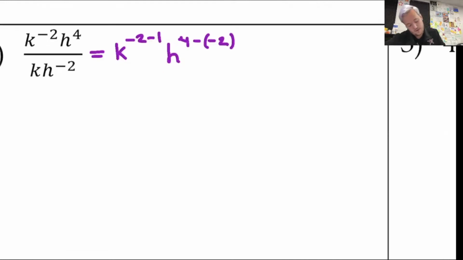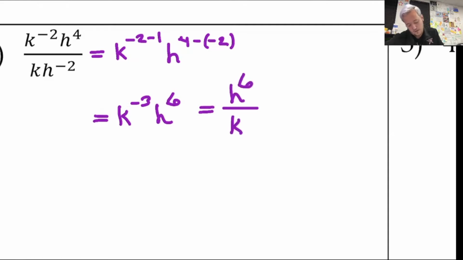All right, so from here, we're going to have k to the negative 3, and h to the positive 6th power. Because k has a negative exponent, that means it's got to flip and go to the bottom, which means I'm going to have h to the 6th in the numerator, and k to the 3rd power in the denominator.